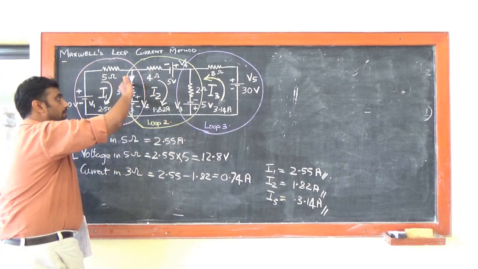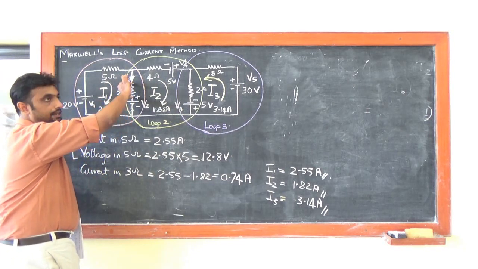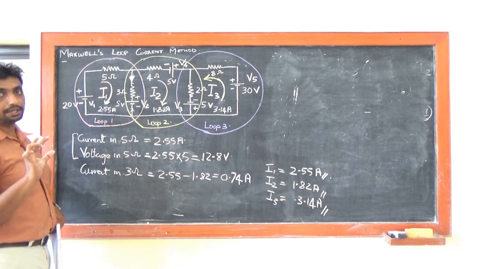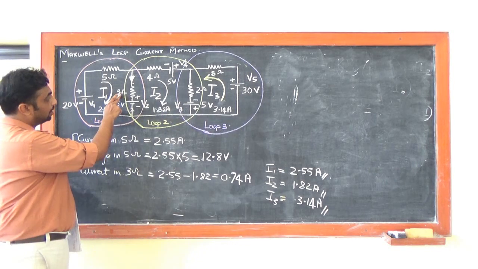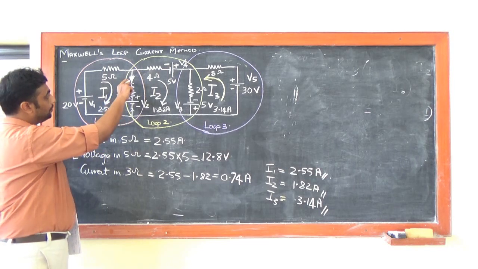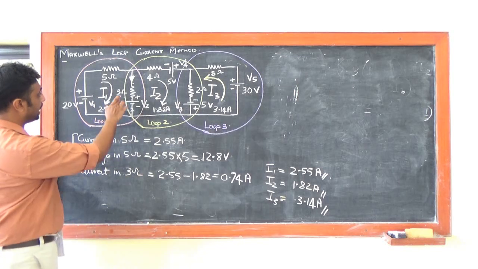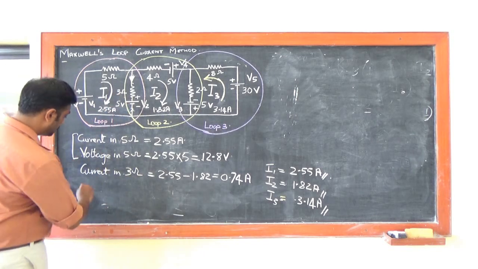Now if I want to find the voltage across this resistor, again I have a formula through Ohm's law, which states that V equals I into R. I have my resistance value and my current value: 0.74 amps and 3 ohms.